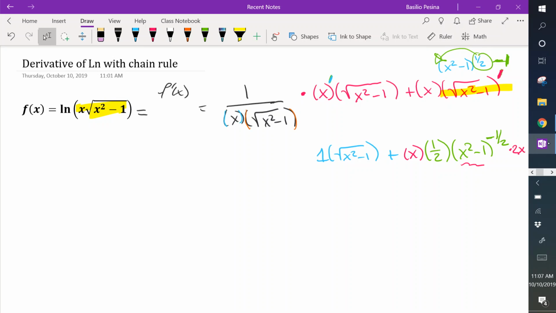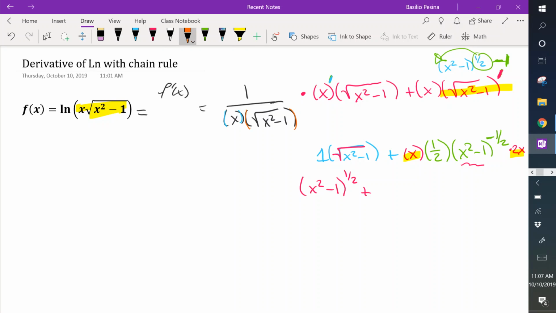So let me clean this up a little bit, and I'm going to start rewriting all my square roots as the exponent of 1/2. So this should be x squared minus 1, and this square root is the exponent of 1/2, plus, let's look at this combination of like terms. So this is x, this is 2x.